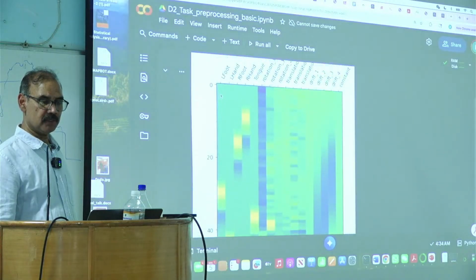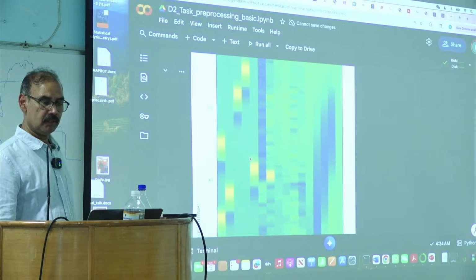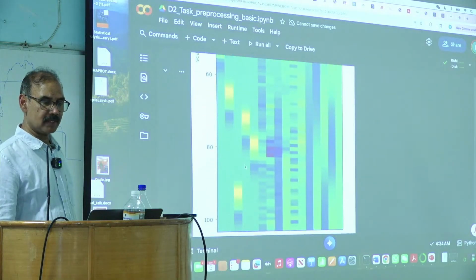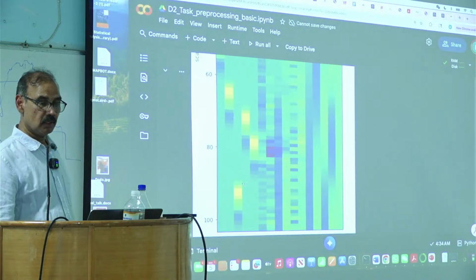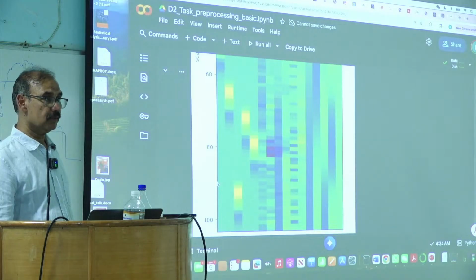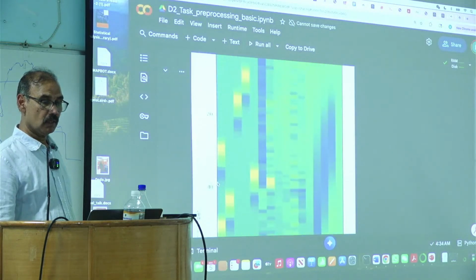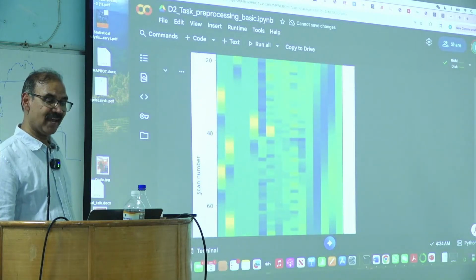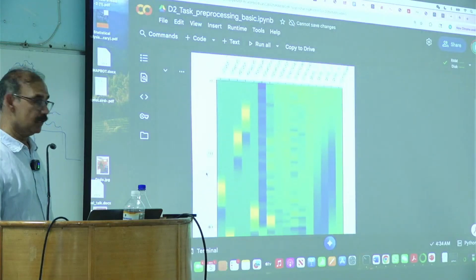Like these regions are baseline, and we could also take other regions, like this one between 80 and 90, which is baseline also. This is the scan number, right?